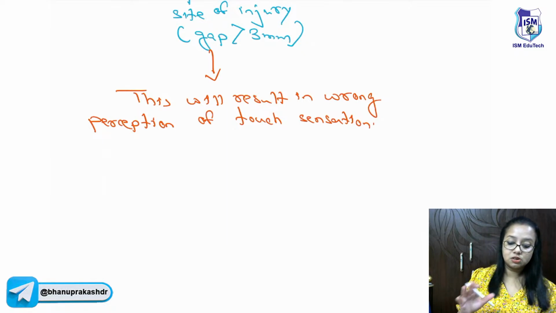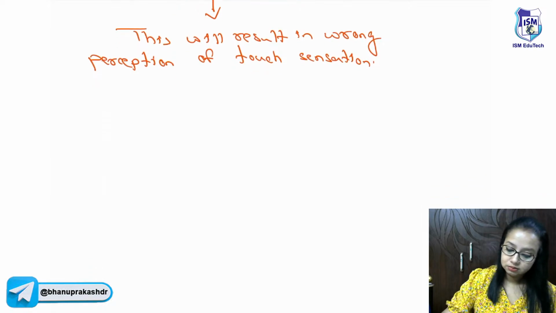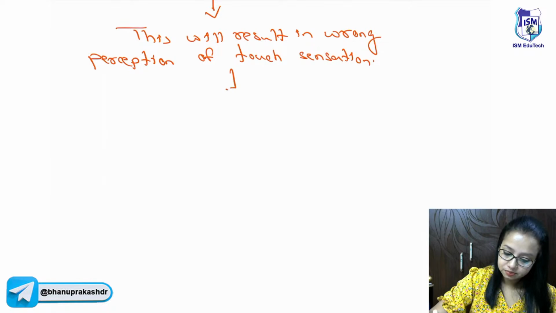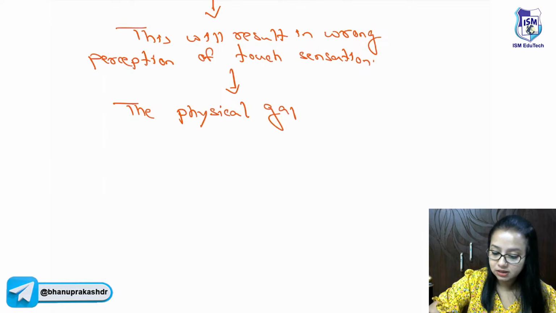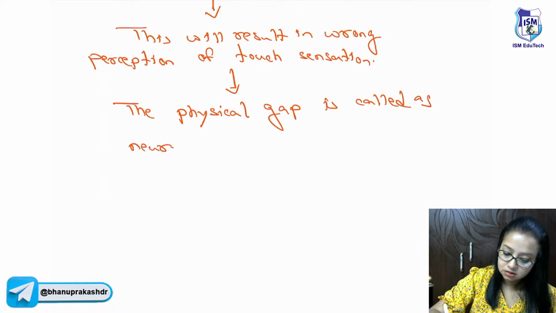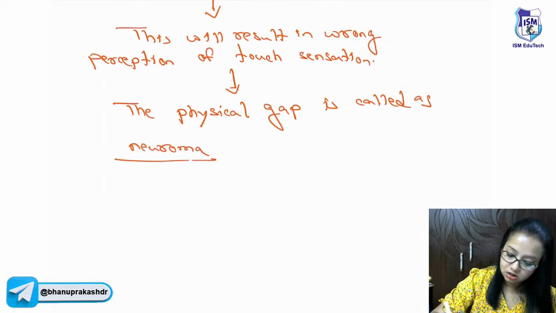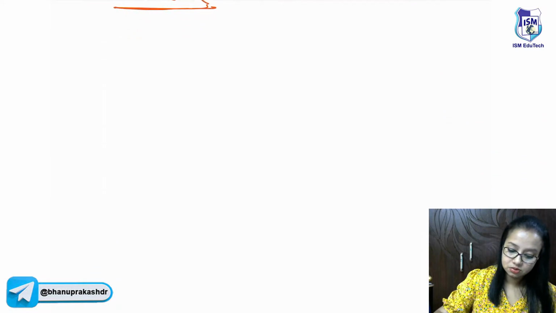So this is the wrong perception of the touch sensation. Okay. And the physical gap is called neuroma. The thing we have to remember.